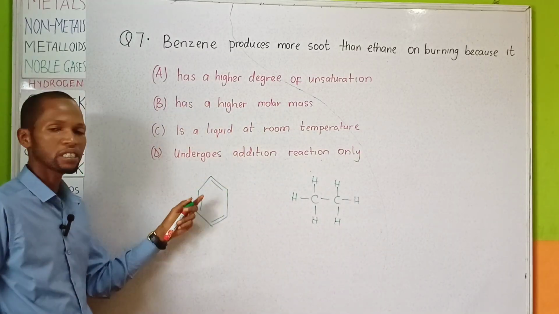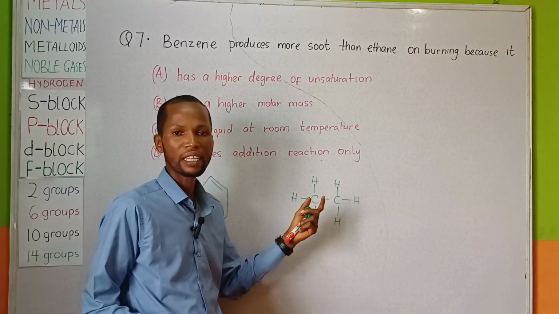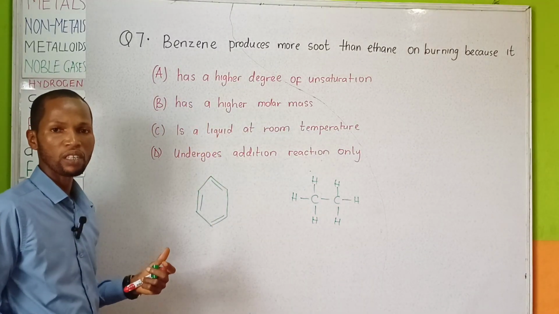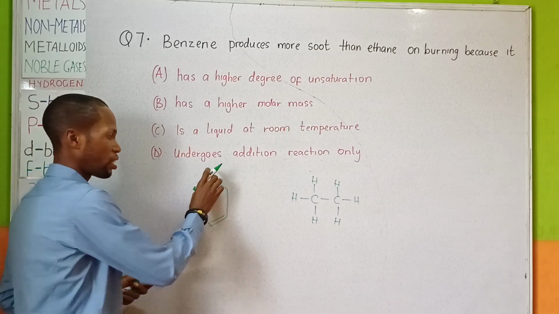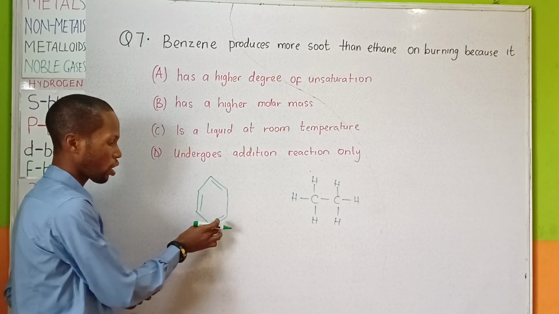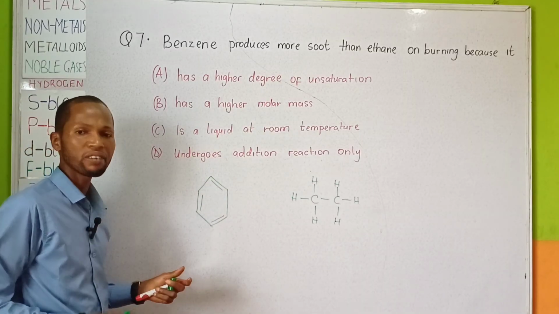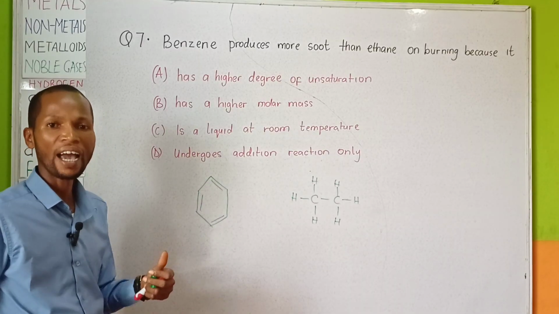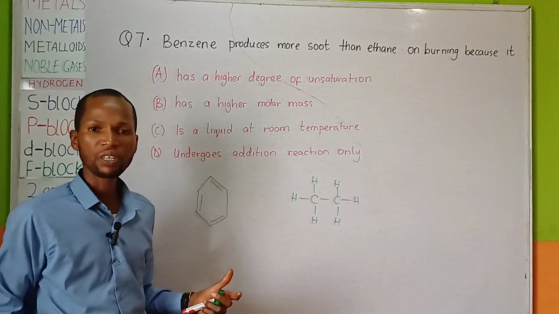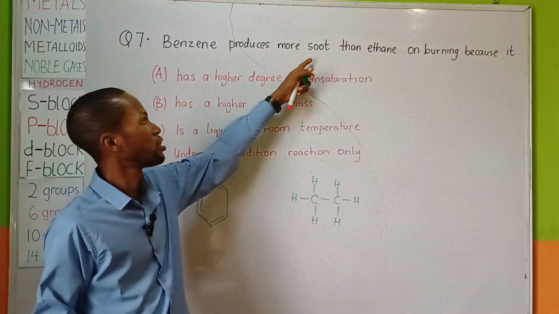The carbon to hydrogen ratio in benzene is higher than that of ethane. And at the same time, we need to understand that the alternating double, single, double bond in benzene is highly responsible for the high degree of unsaturation in benzene. Therefore, the degree of unsaturation in benzene is responsible for this soot.